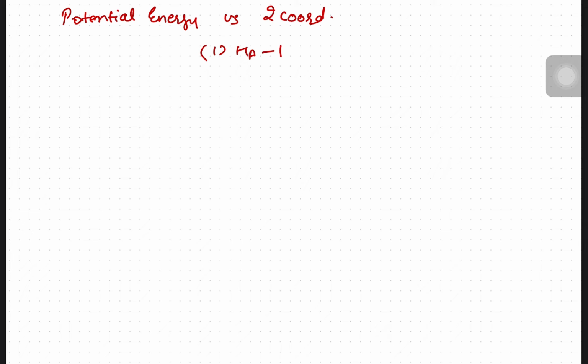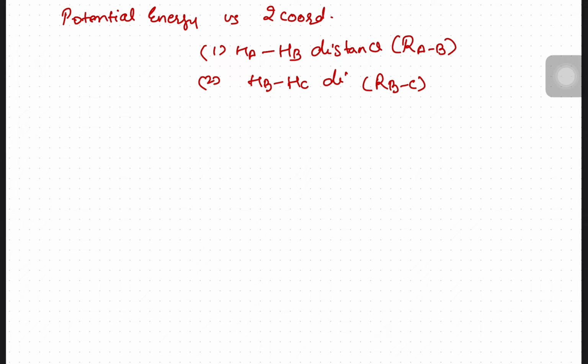The first coordinate is the HA-HB distance, and the second coordinate is the HB-HC distance. We represent these as R_AB and R_BC. In the third coordinate, we have assumed that HC comes in a collinear manner, so we have considered this in the second coordinate. Now we will draw the 3-dimensional graph.